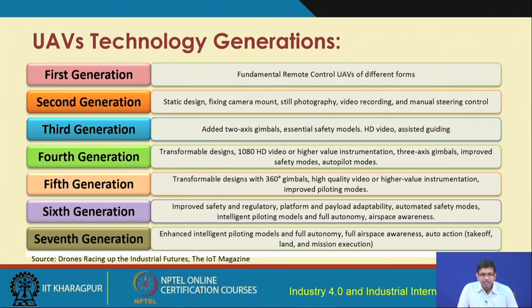That was the second generation. Like this, these UAVs have evolved over the years: third generation, fourth, fifth, sixth, and at present we have the 7th generation UAV, which has different intelligent systems, fully autonomous systems in place for doing different things. So, currently we are in the 7th generation of UAV technology transformation.